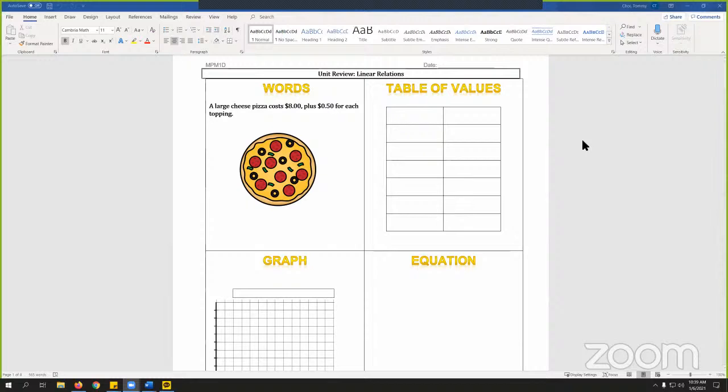So first, reviewing linear relations here. You can represent a linear relation in 4 different ways. Am I going to post the completed work on the Google Classroom, right? This is already on Google Classroom, yes. You guys can go look at it on Google Classroom, but you don't have to print it right now.